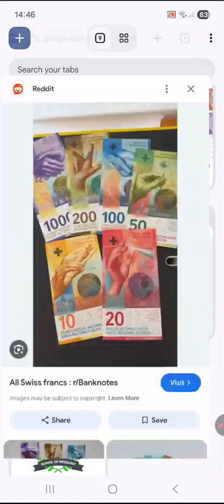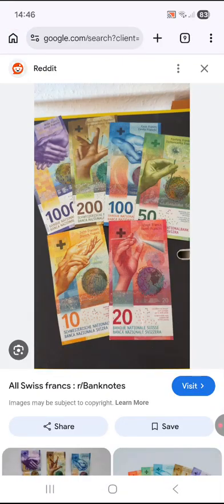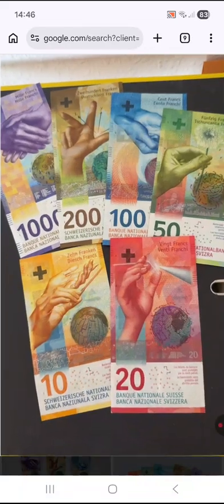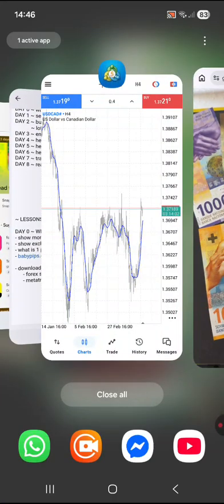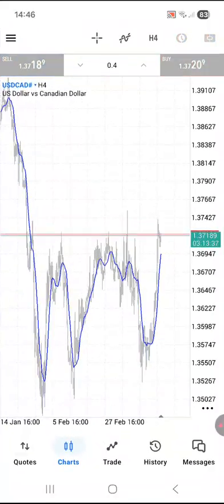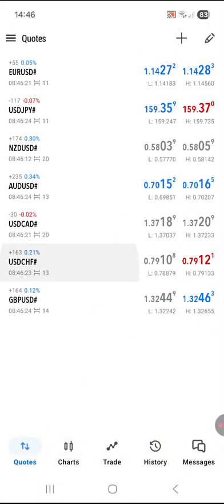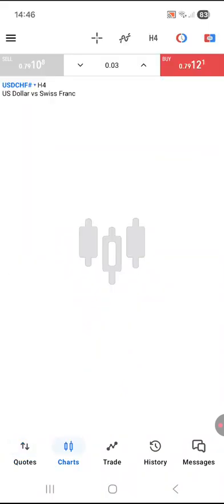Okay, let's go Swiss franc. This is a Swiss franc banknote. They're worth a little bit more. Very beautiful. Common theme, everybody's going to plastic money now around the whole world. But very beautiful money. Let's see what the exchange rate is on United States dollar versus Swiss franc.